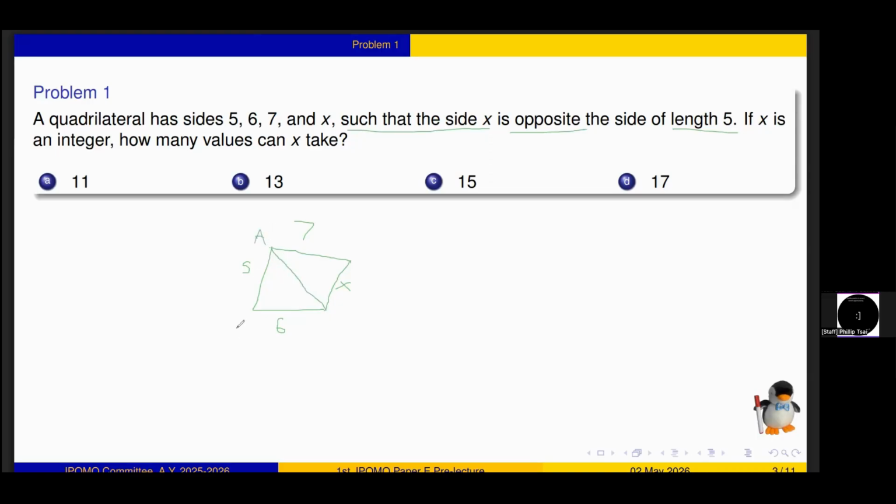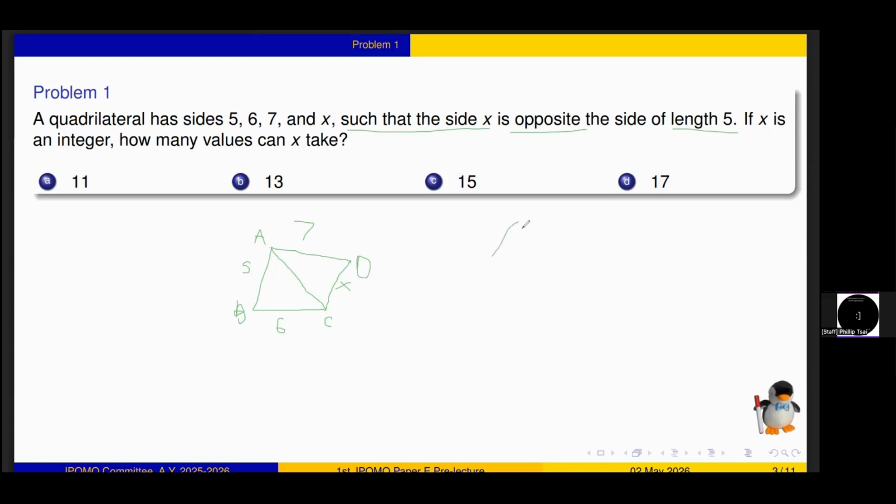Let's call it ABCD actually, so that we don't get lost. What do we know from triangle ABC and ADC? In other words, how can we restrict x using the triangle inequality?